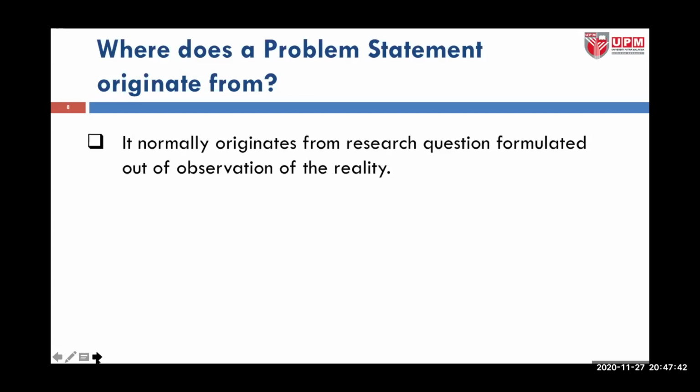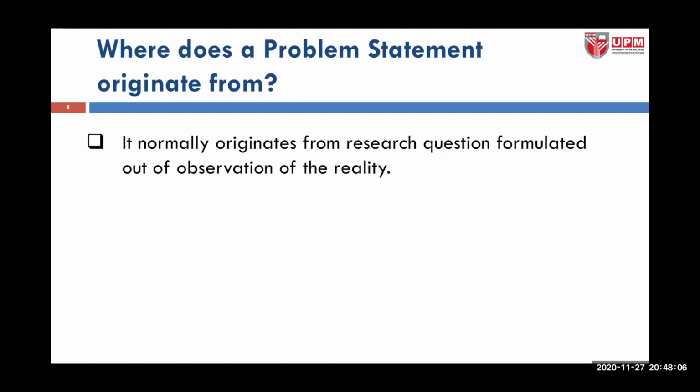the problem statement may originate from research questions formulated out of observation of the reality. So probably from a literature review or a review paper. From a review paper, some researchers will review many things. From there, they will put out a few questions.